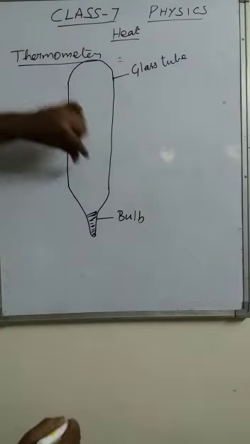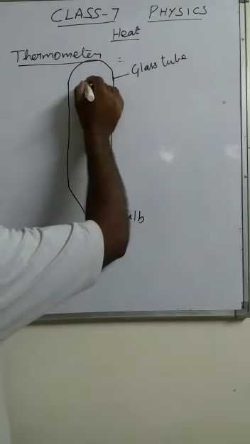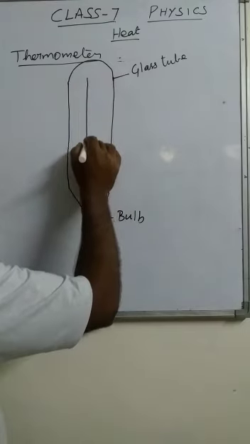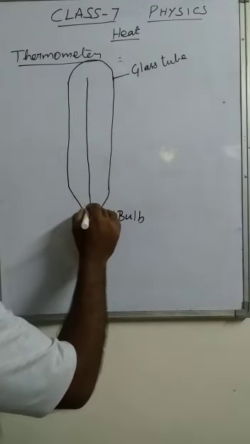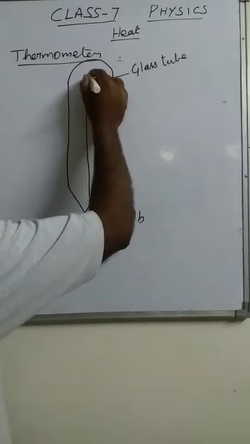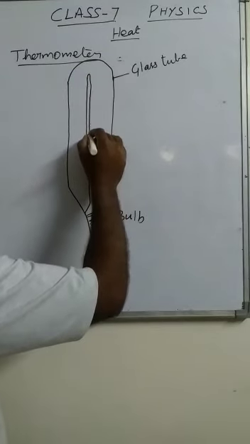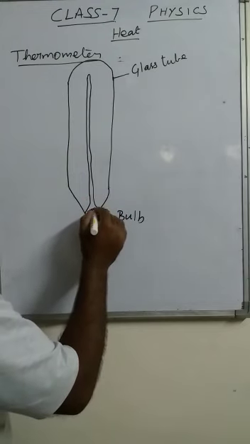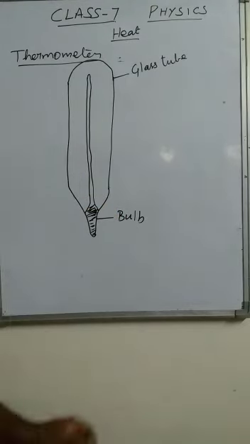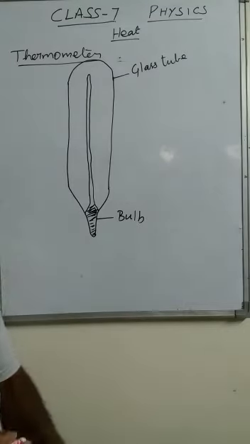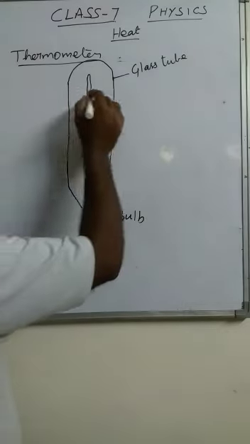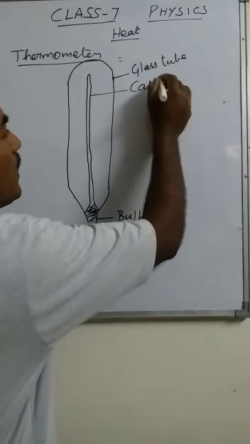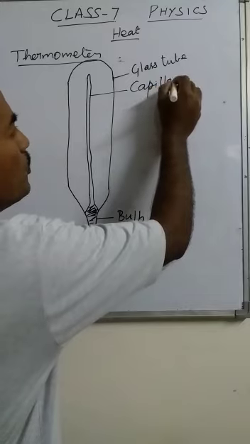And at the center of this glass tube, a very fine tube-like structure is made, whose diameter is very thin. And this tube-like structure is known as the capillary tube. This is the capillary tube.